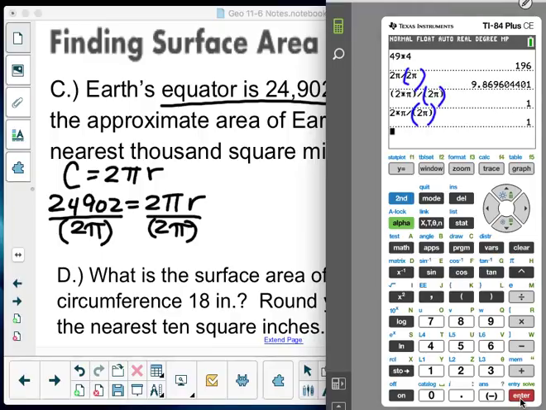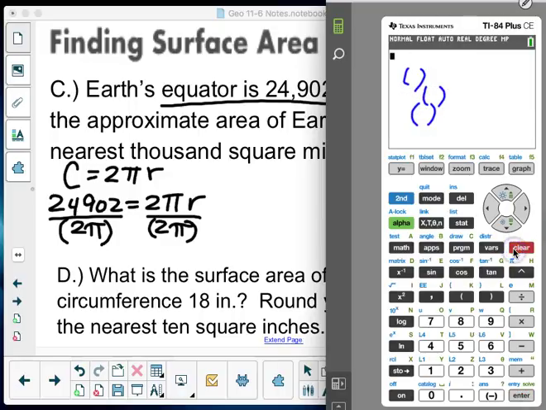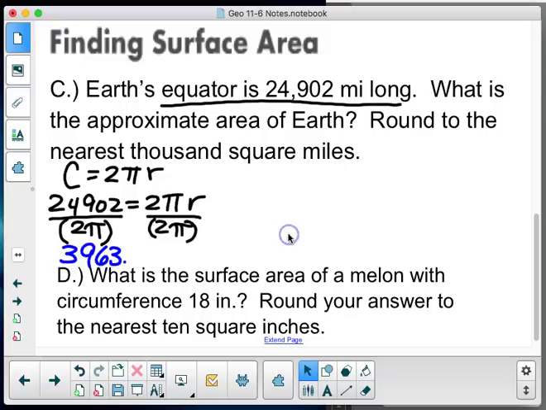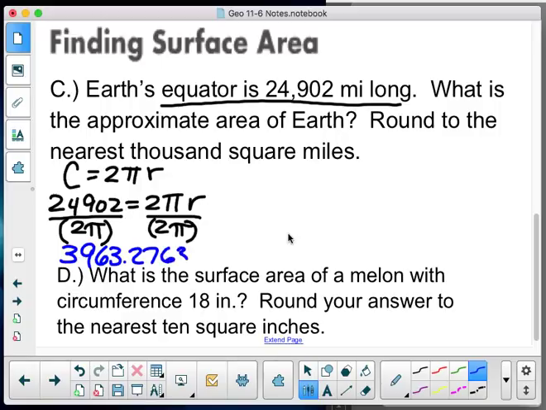Okay, so now with that thought in mind, I am going to take 24,902 and divide that by left parenthesis 2 second pi and get my 3,963.276393. 3,963.276393 is the radius in miles of Earth.